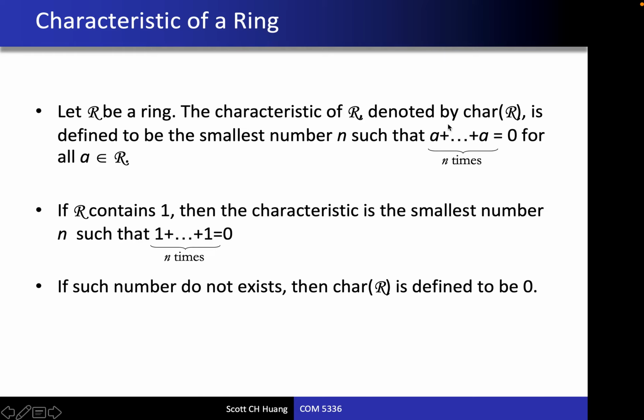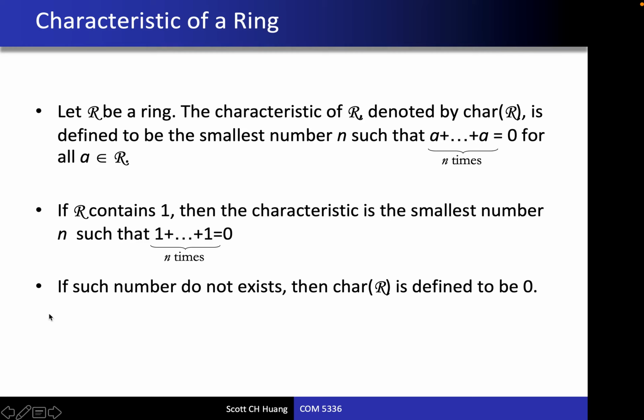So in that case, we have a different definition. But that's not important. I put it here just for the sake of completeness. If you're interested, you can take a look. Anyway, let's just focus on the characteristic of a field. We don't need to use the characteristic of a ring.